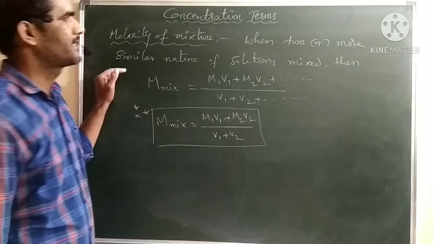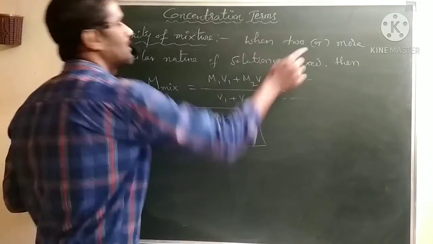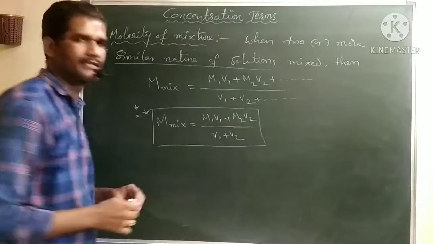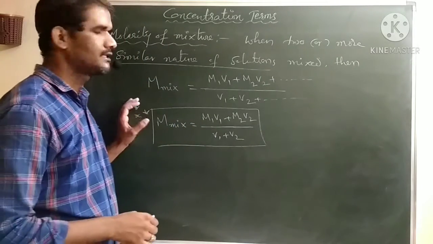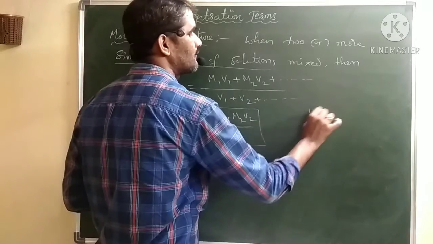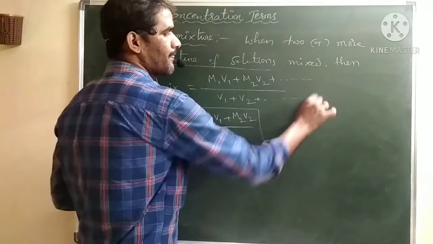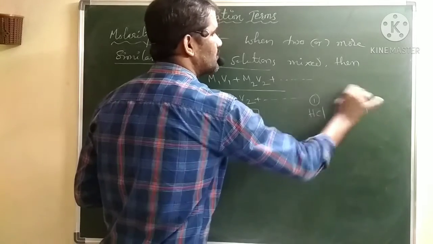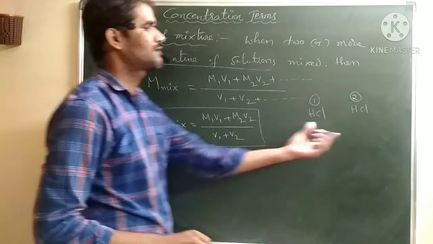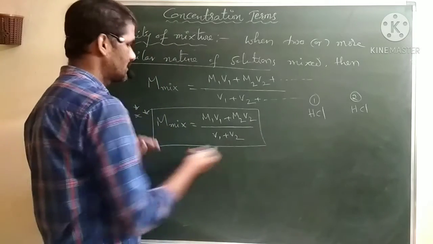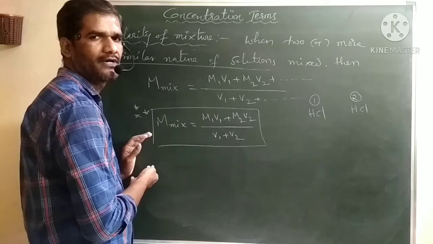See here, this sentence is very important. Only when two or more solutions of similar nature are mixed is this formula valid. It means, if I take HCl of one solution and add HCl of another solution, mix them together, I get the resultant solution, and I get the resultant molarity using this formula.